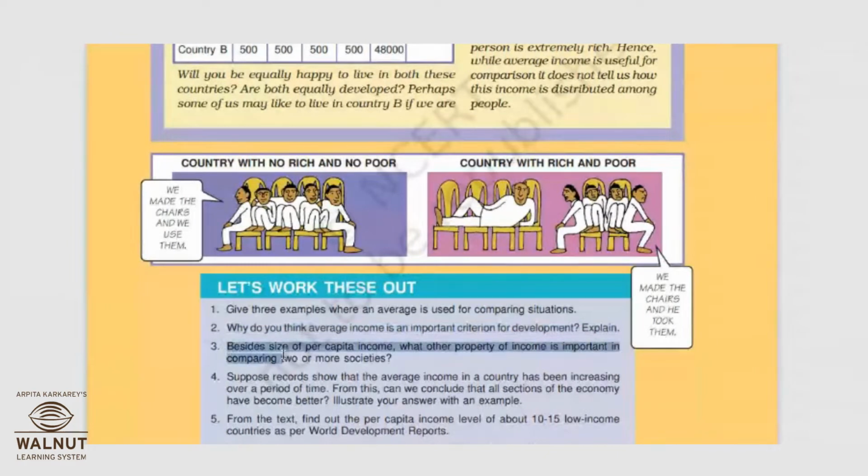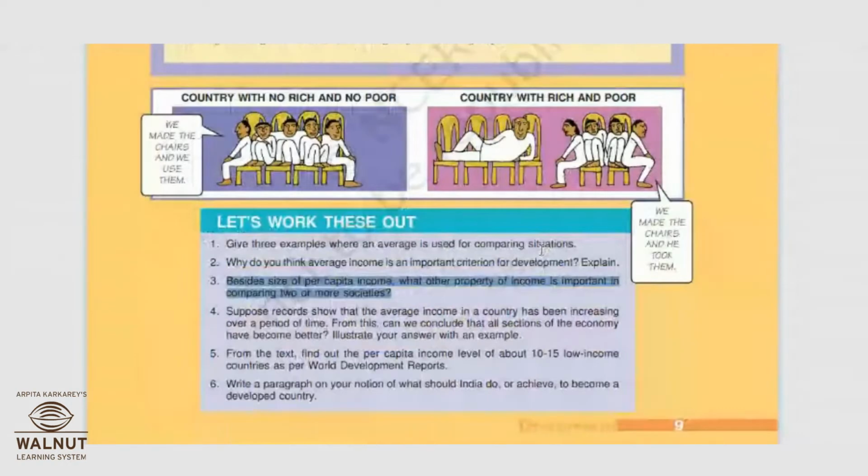Now, besides size of per capita income, what other property of income is important in comparing two or more societies? See, besides size of per capita income, we are calculating the development of the country based on per capita income. Now, what property of income?